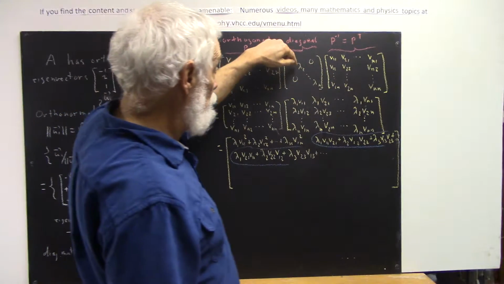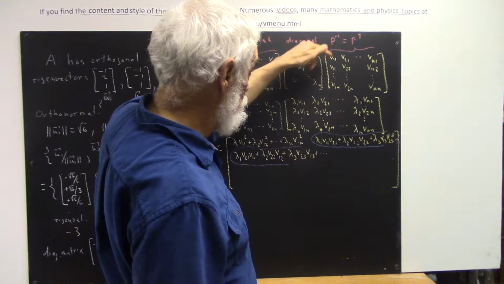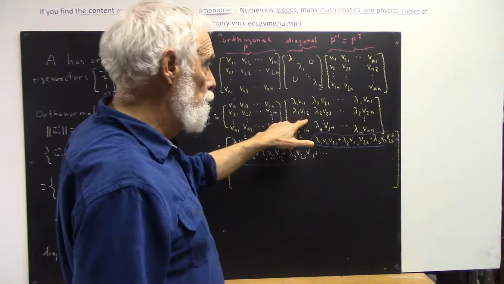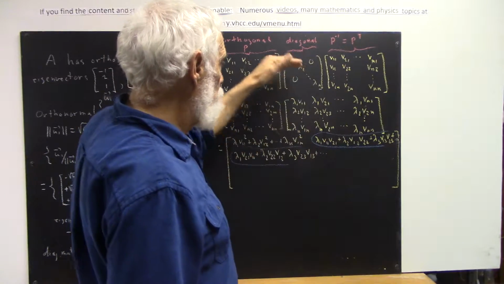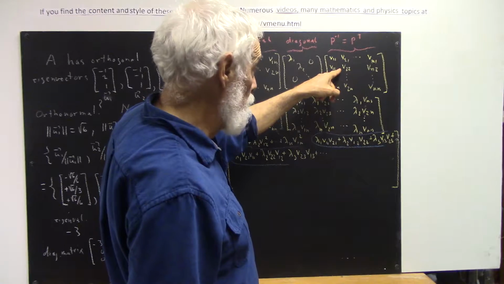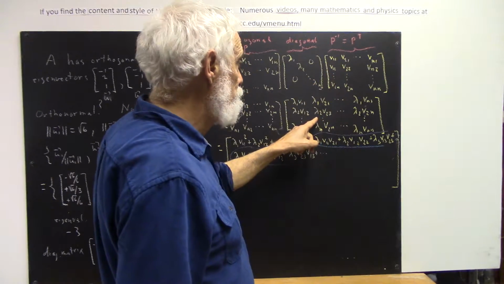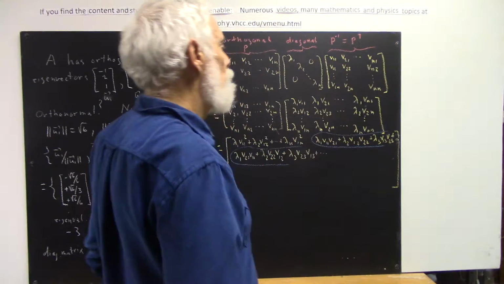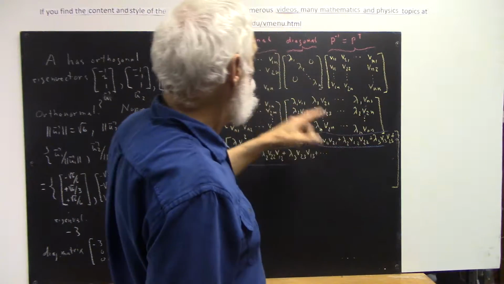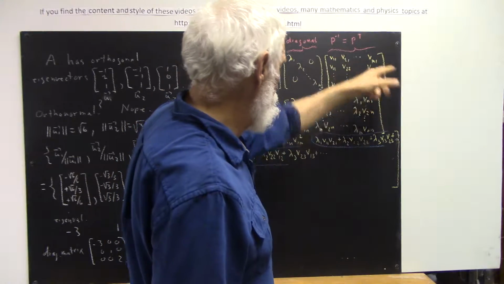The second number in this row is lambda 2. It'll multiply the second number in this column, which is v12. So we get lambda 2 v12. Then the same row times the second column, we're going to have lambda 2 times v22, and so forth. So we're going to end up with these numbers across the first row with lambda 1 in front of every one of them.